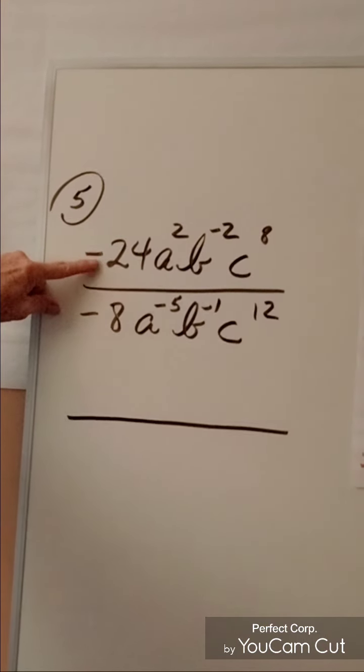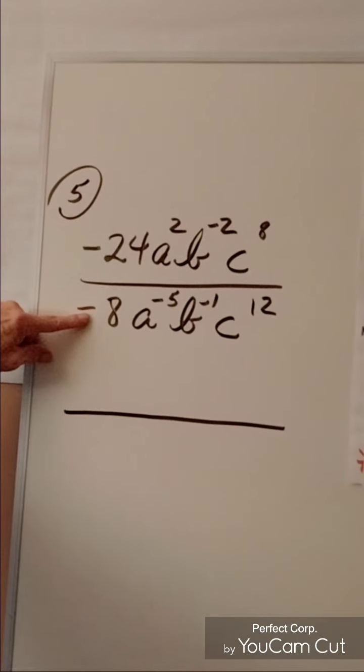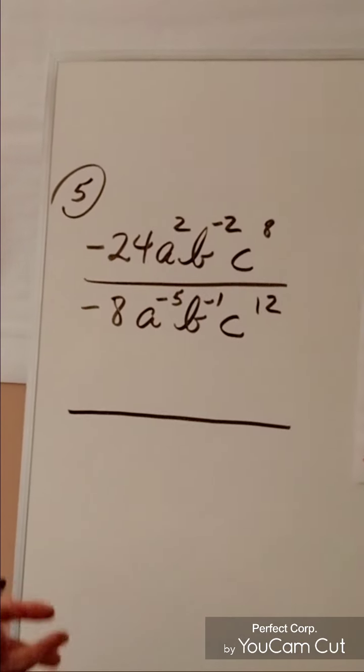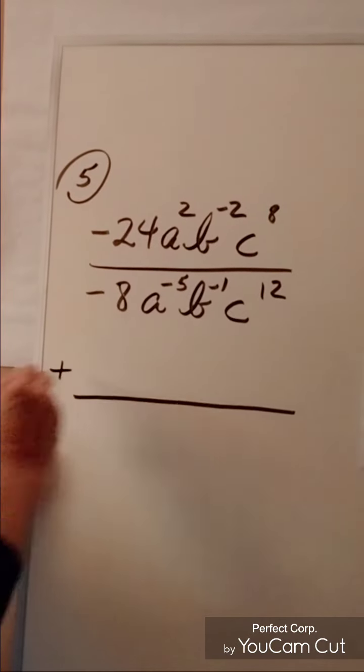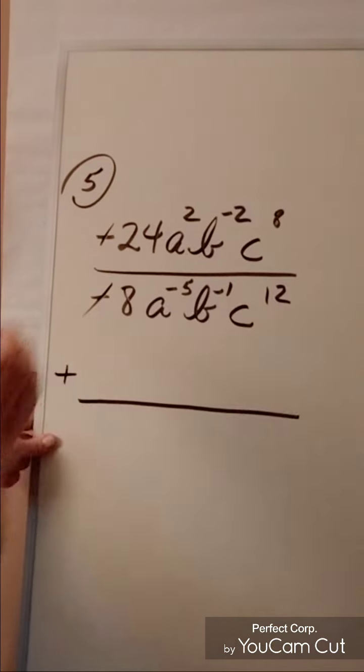Well, this is a negative divided by a negative, and that's going to change to positive. So I'm just going to note that right here. They've been taken care of.